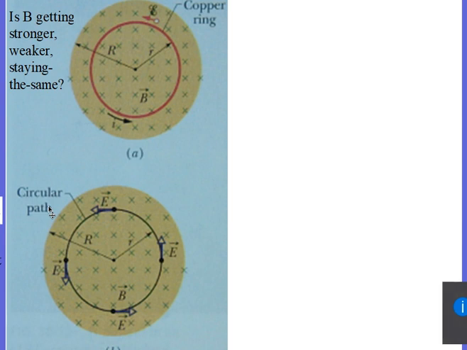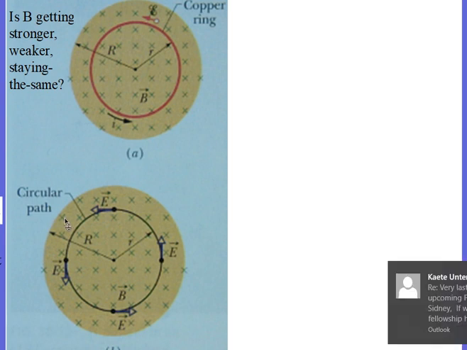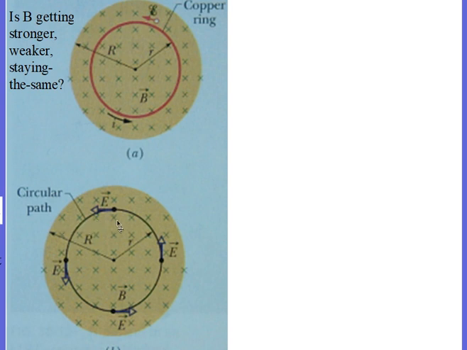So this time there will still be changing flux through this loop, and so there will be EMF, but that EMF will not result in a current this time.